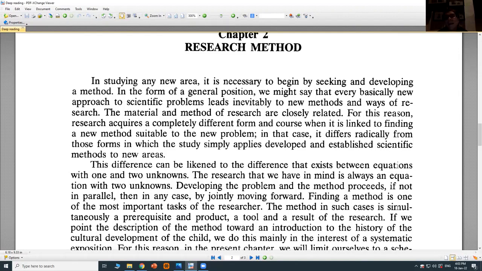And that's what I think he means when he says they're closely related: the problems, the methods, and the way we go about doing the research.